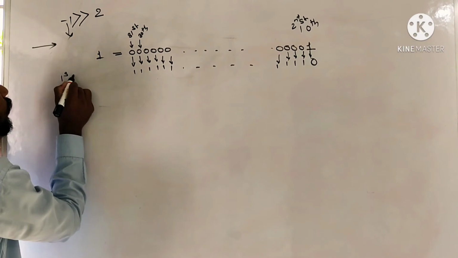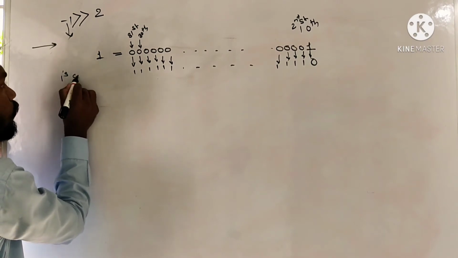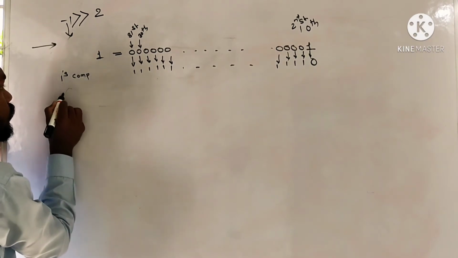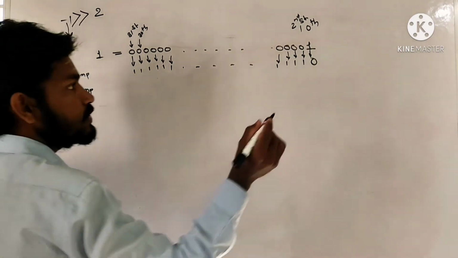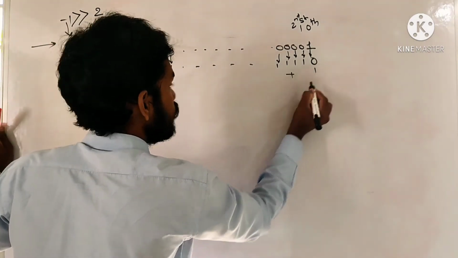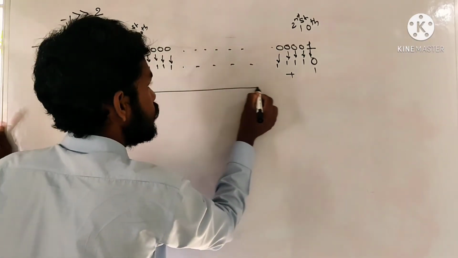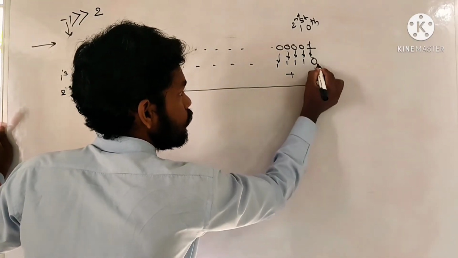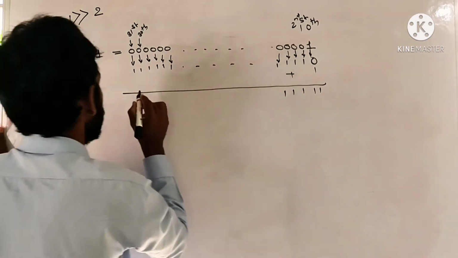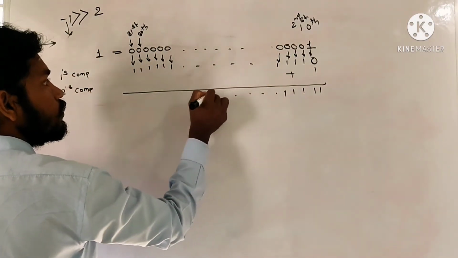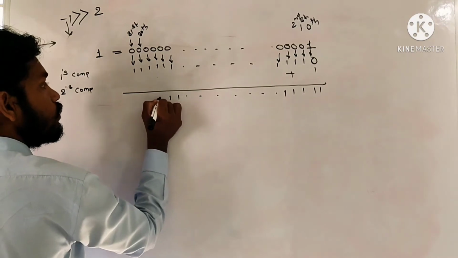Now for the 2's complement, we simply add 1, so this 1 plus 1 will become all 1s, 1 1 1 1 1 1 1 1 1.